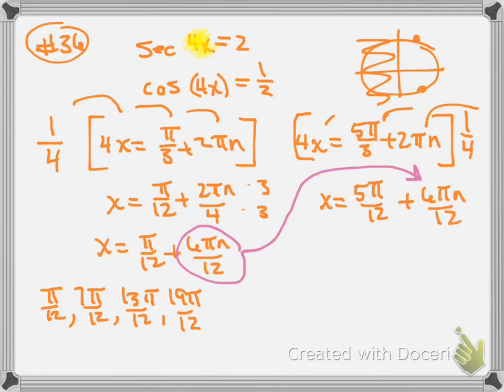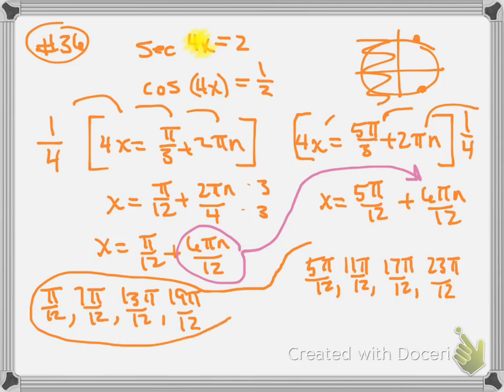So my solutions here are going to be 5 pi over 12, 11 pi over 12, 17 pi over 12, and 23 pi over 12. So instead of the 2 solutions we expected, we got 8 because of that original 4x at the beginning.